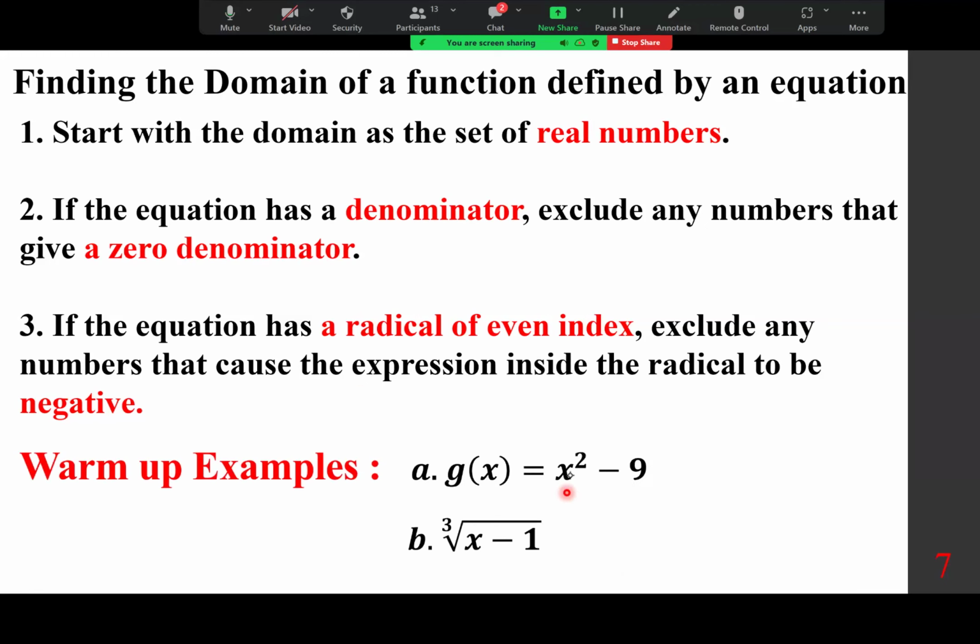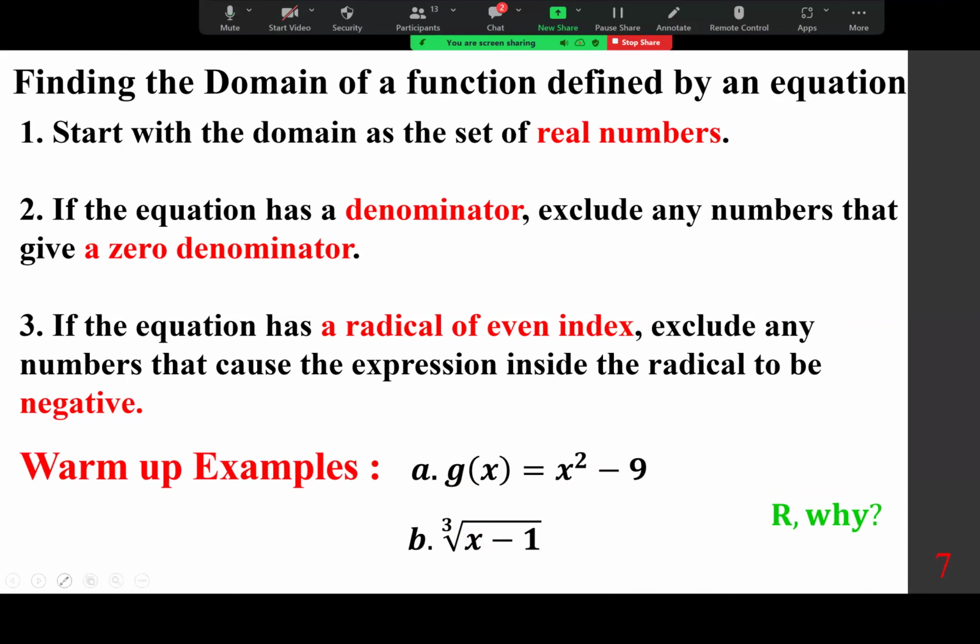So here's a warm-up example. If you look at the first one, g of x equals x squared minus 9. If you look at the second one, cube root of x minus 1. What is the domain? It's all real numbers. Why is that?